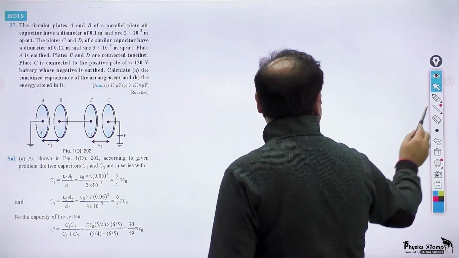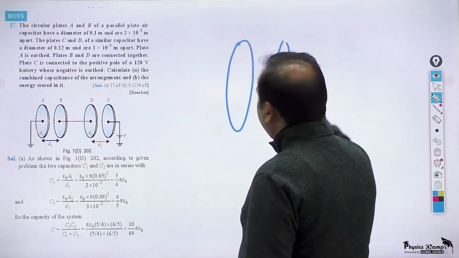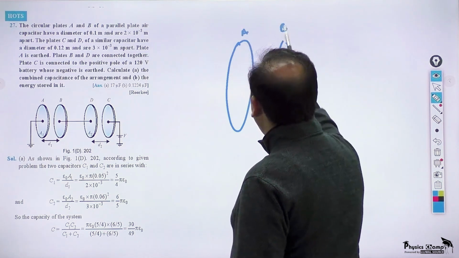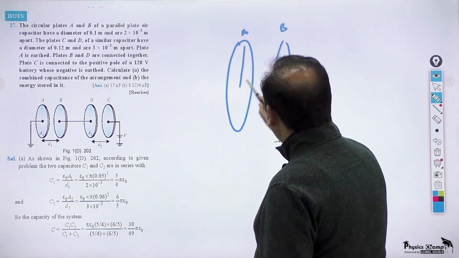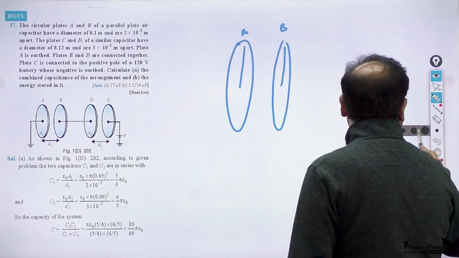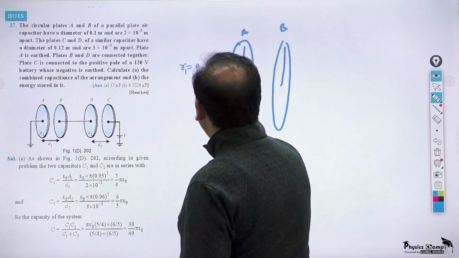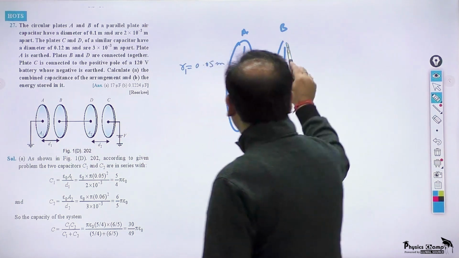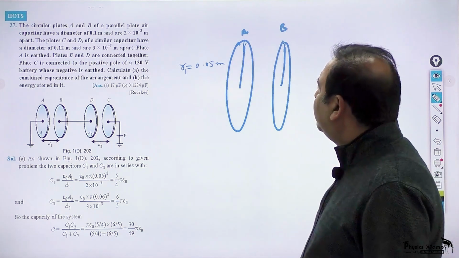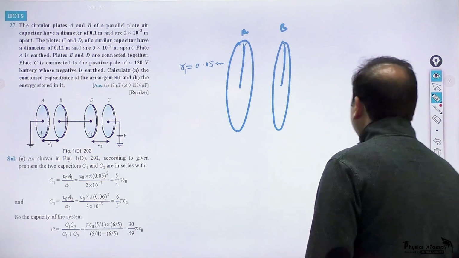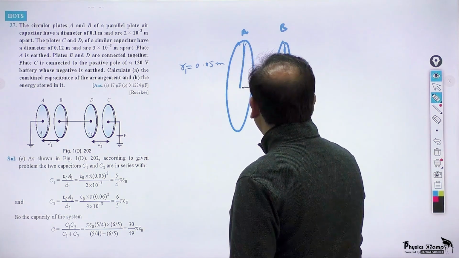As you can see in the diagram, there is a circular plate A and another circular plate B. These two circular plates have a radius of 0.05 meter, and the separation between them is 2 into 10 to the power minus 3 meter.